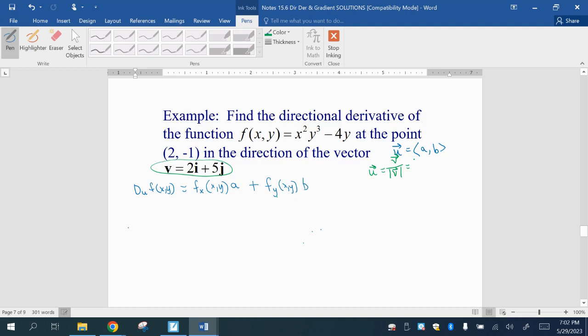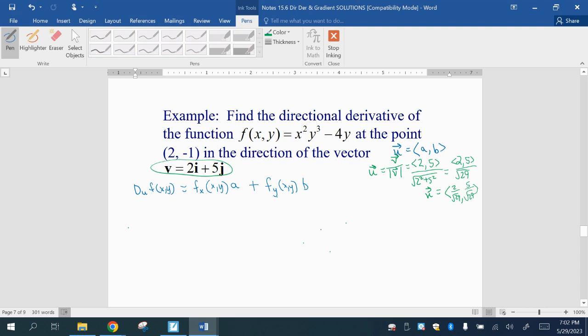So that would be (2, 5) divided by the length, which is the square root of 2 squared plus 5 squared. So this is (2, 5) divided by the square root of 29. So our a component is 2 over the square root of 29. Our b component is 5 over the square root of 29. That is our unit vector.